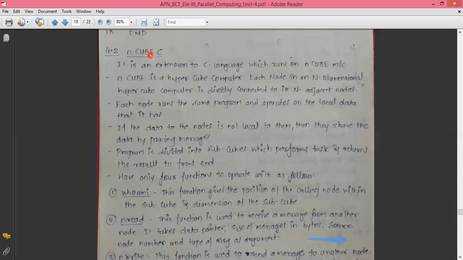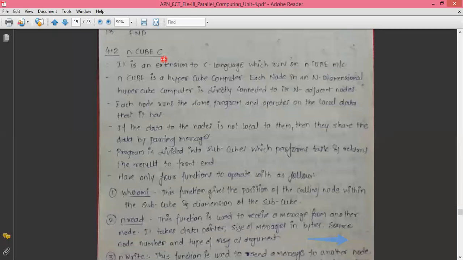We'll see the structure. The reason it is called NCubC is that it is an extension to the C language that runs on an nCube machine. That means whatever programming is done is done only through the C programming language, with some very slight modifications.